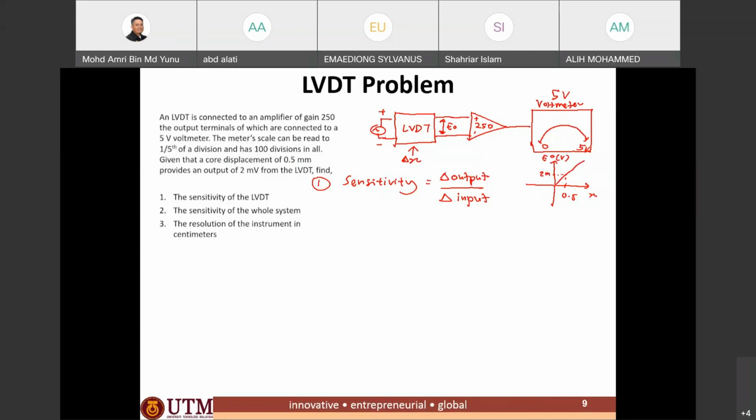So when the LVDT coil is at the center, the displacement is 0. The LVDT output is equivalent to 0. And we know the characteristic of LVDT is that it has a linear response.